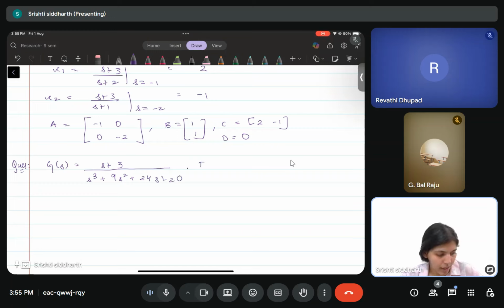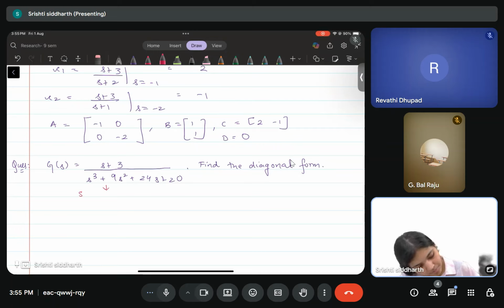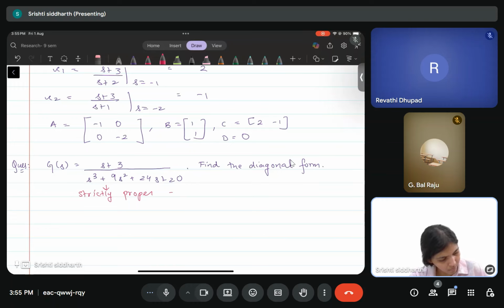So you have to find the diagonal form. Okay, so the first observation is this is strictly proper. Now let's look at the eigenvalues.